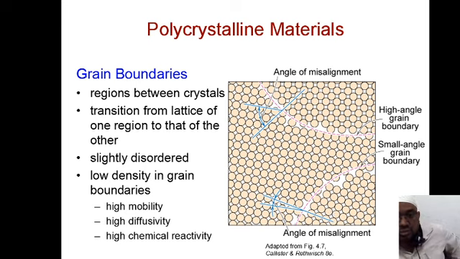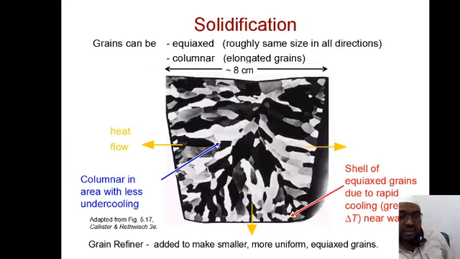So the atoms are not regularly arranged, right? There is some variation. Here you will not find any similarity. So you can say that this is called misalignment, which is slightly disordered. And this is one example of solidification, right?